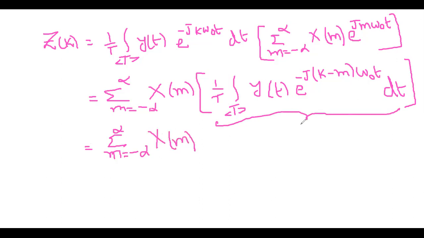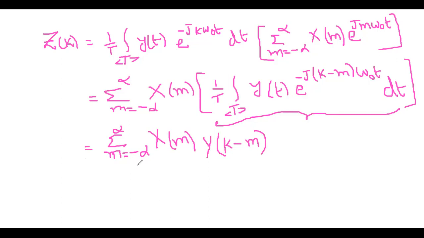Now this total equation we write according to the frequency shift property: x of k minus k naught, when here it is x of t, now it is y, take it as y, k minus k naught, k is there and k naught is replaced as m, k minus m. Sum of m equal to minus infinity to infinity, x of m, y of k minus m.